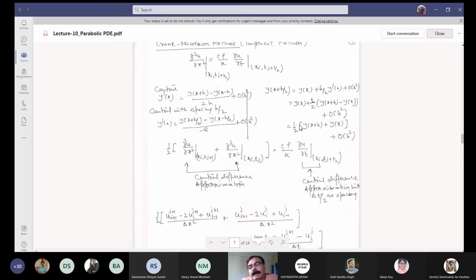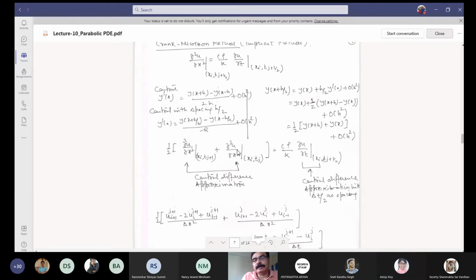Meaning by that you have added plus h by 2 and subtracted h by 2, average of those two. So here you see del square u by del x square. So this is at x_i, t_j plus half. So this will be written as x_i, t_j plus 1 and then x_i, t_j, the average of these two. Is this clear?